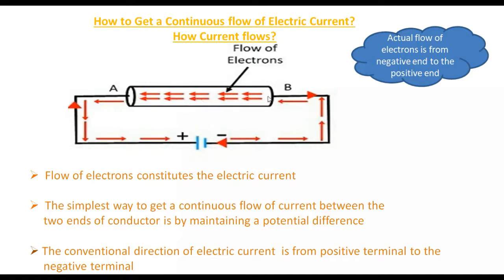In fact, the electrons present here also start moving towards this end. Why? Because negative and negative will repel each other, so they will drift towards this positive end. So it means the electrons will start moving from the negative end to the positive end, right? And this flow of electrons, this motion of electrons constitutes electric current.